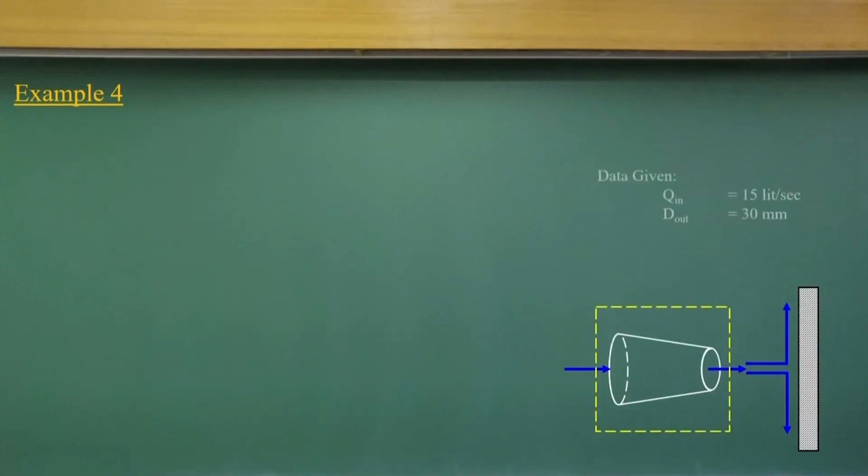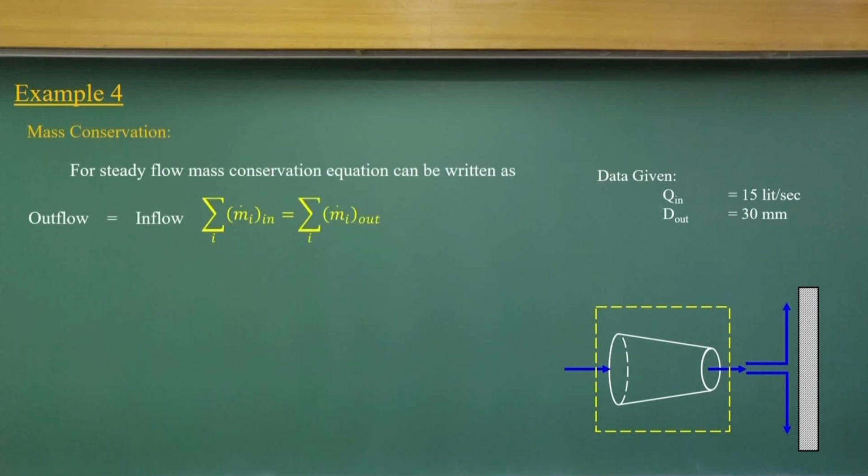Now I apply the mass conservation equation. First at the nozzle level, inflow is equal to outflow, that is A in V in equals A out V out.